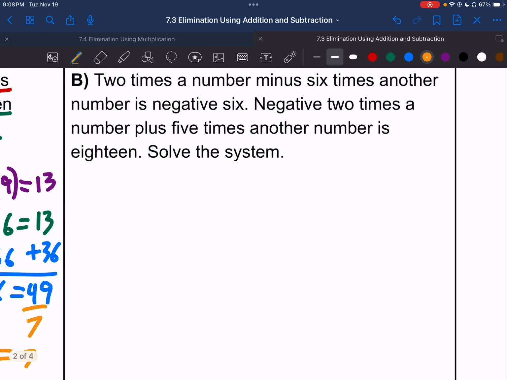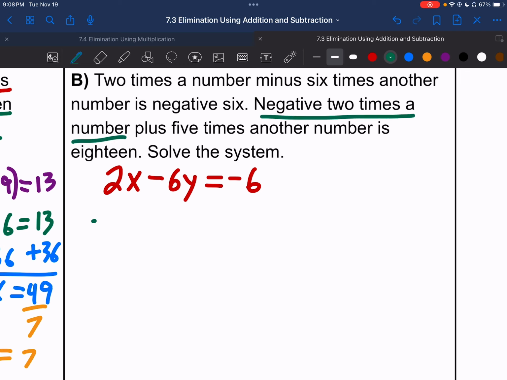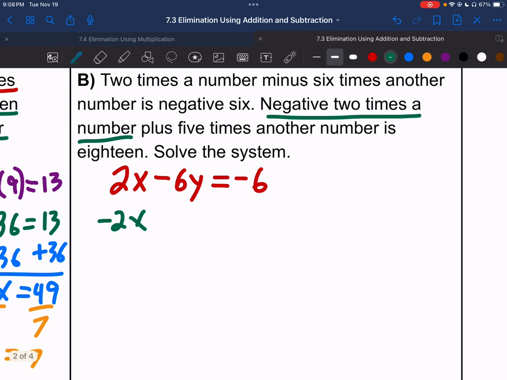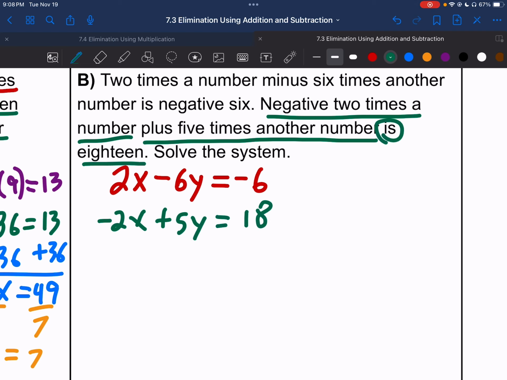Now, letter B, we've got 2 times a number minus 6 times another number. So we have 2x minus 6y equals -6. My second sentence, -2 times a number, -2x, plus 5 times another number, plus 5y, is 18, equals 18.